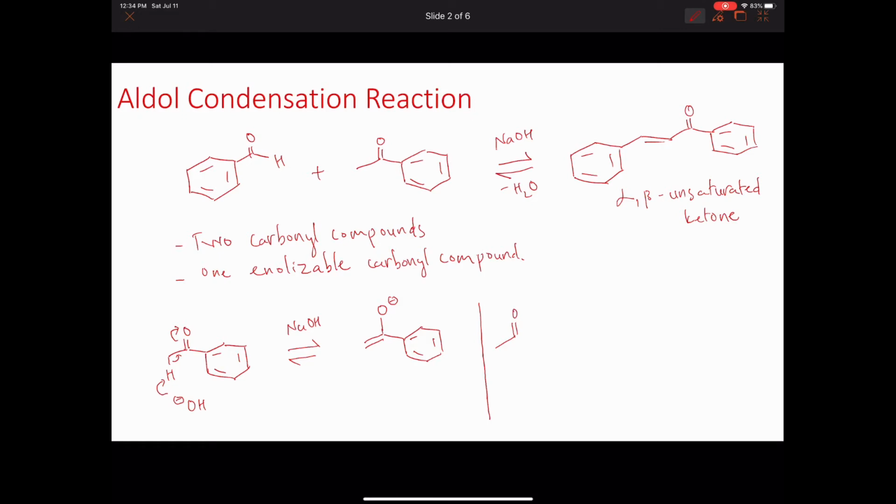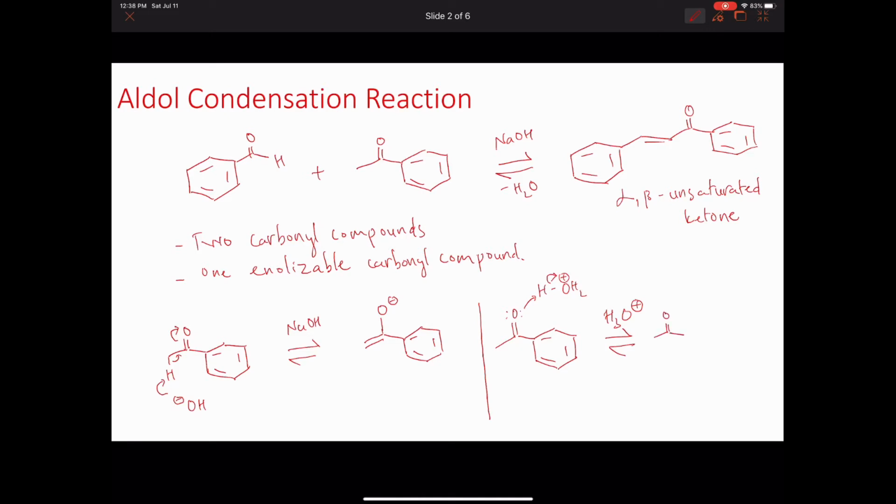Again, with acetophenone in the acidic condition, we have two lone pairs on oxygen, and this oxygen of the carbonyl functional group will be protonated by this process.